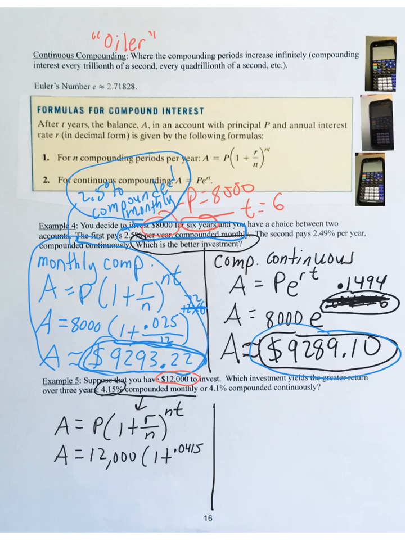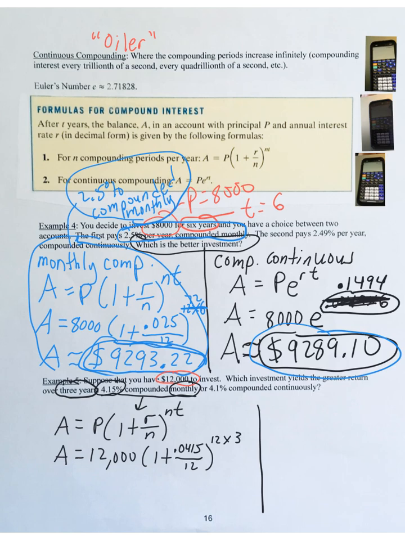0.0415. All over, let me move my divider over because already I'm running out of room here with my big old handwriting. Move it like right there. There we go. All over N, so compounded monthly means N is 12. All over, we have another N in the exponent, so 12 again, times the time frame in years for both investments is 3 years, so T is 3.